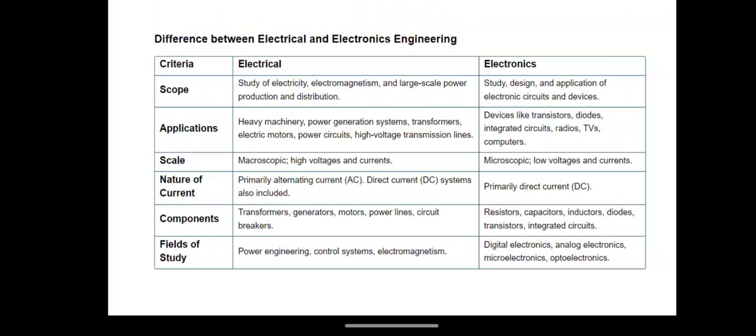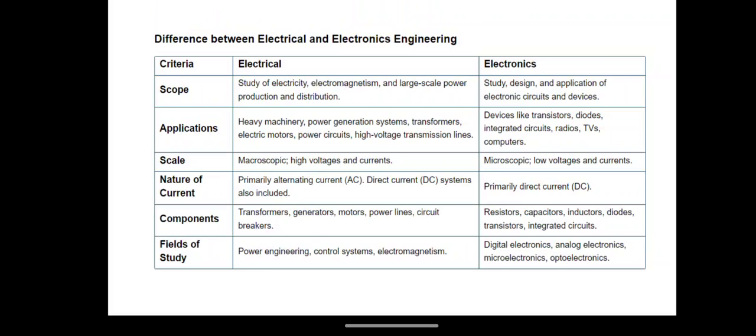The nature of current may be either AC or DC in the case of electrical engineering, and it is purely DC when it comes to electronics. That's why we use adapters for the mobile to charge it. What is there inside a charger? In the houses we get 240 volt AC supply with 50 Hz frequency.